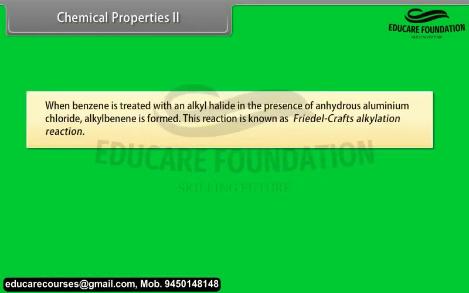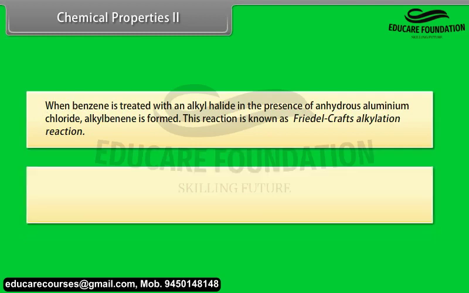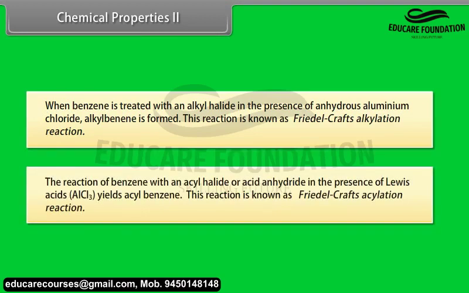When benzene is treated with an alkyl halide in the presence of anhydrous aluminium chloride, alkyl benzene is formed. This reaction is known as the Friedel-Crafts alkylation reaction. The reaction of benzene with an acyl halide or acid anhydride in the presence of Lewis acid, AlCl3, yields acyl benzene. This reaction is known as the Friedel-Crafts acylation reaction.